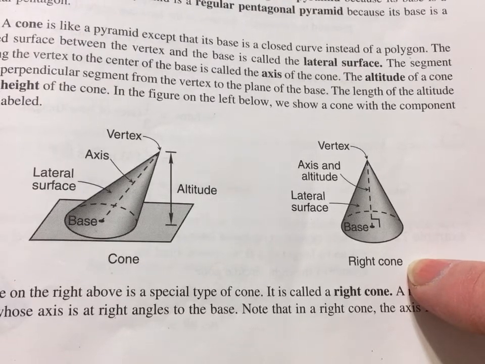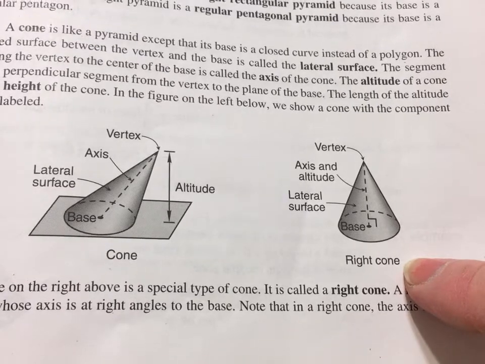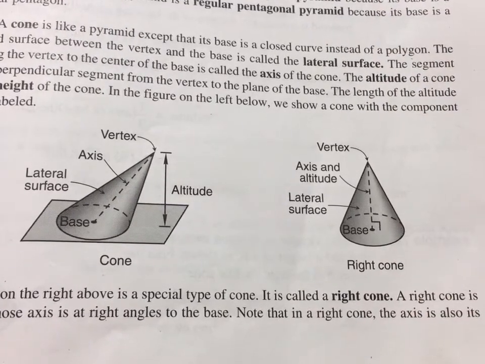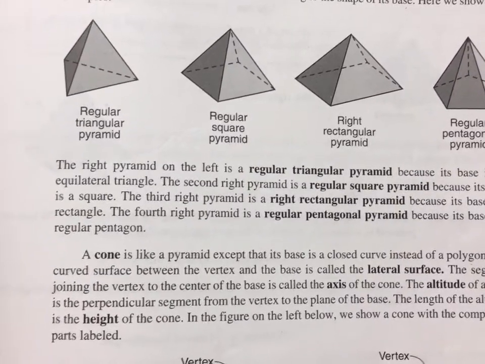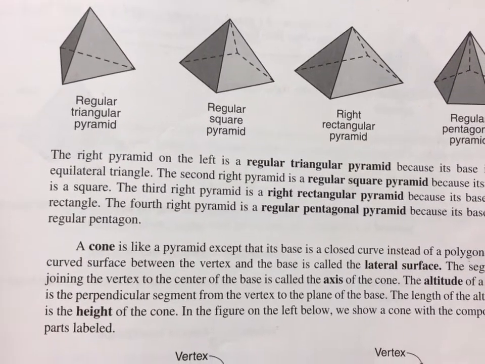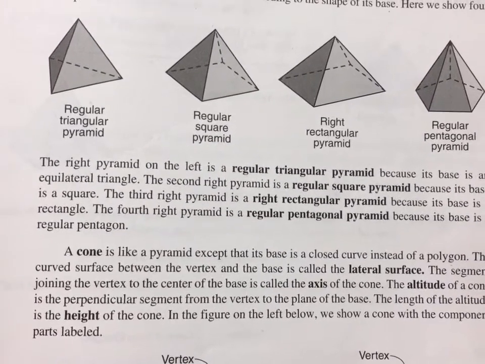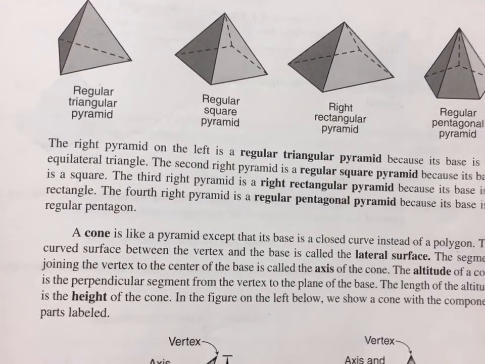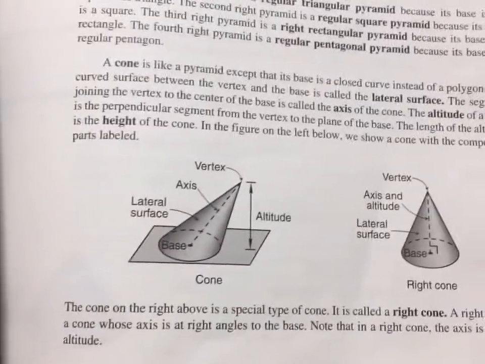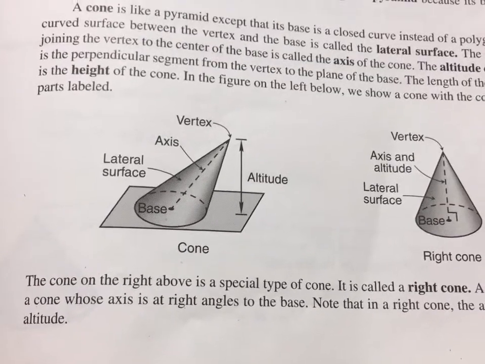Notice what they're saying is in a pyramid we had edges, right? We had edges along the base. Remember, we had all of those pyramids right there. Pyramids have polygons, meaning sided figures. Okay, they're triangle, square, rectangle, pentagon, but cones have a circular base.